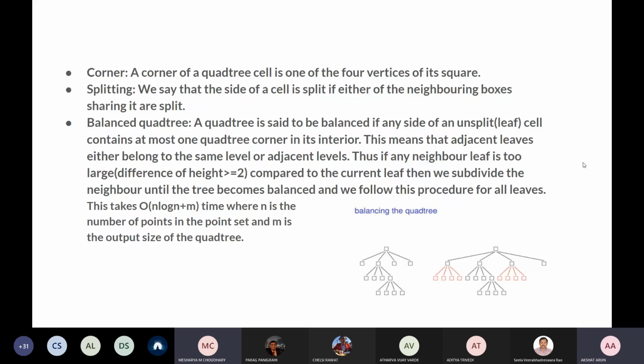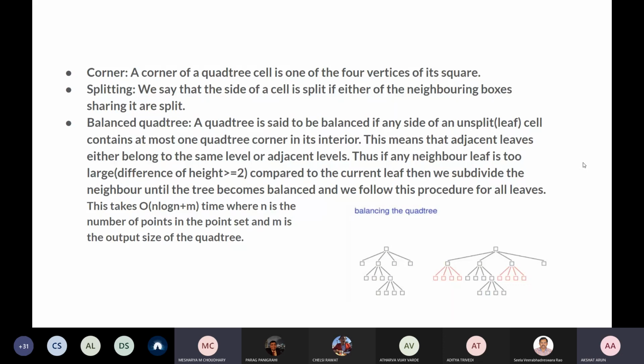Corner. A corner of a quadtree cell is one of the four vertices of its square. Splitting. We say that a side of a cell is split if either of the neighboring boxes sharing it is split. Balanced quadtree. A quadtree is said to be balanced if any side of an unsplit cell contains at most one quadtree corner in its interior. That is, adjacent leaves either belong to the same or adjacent levels.